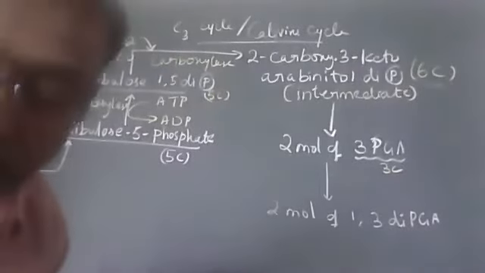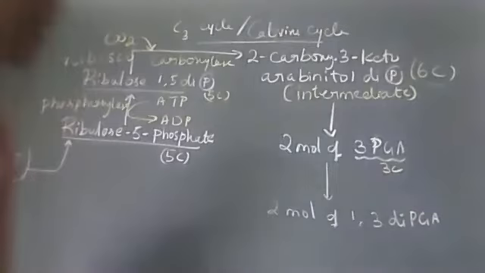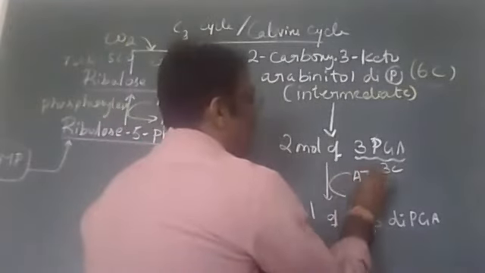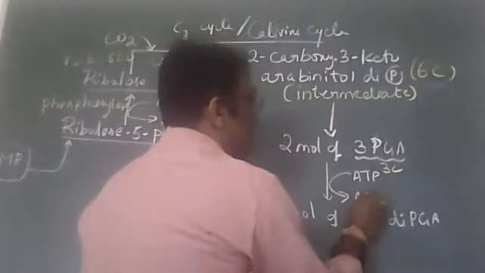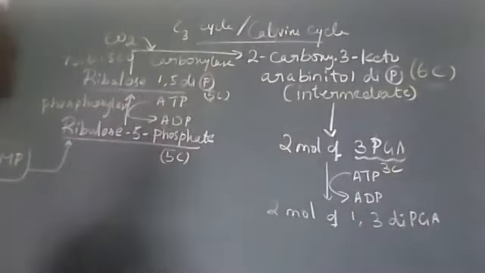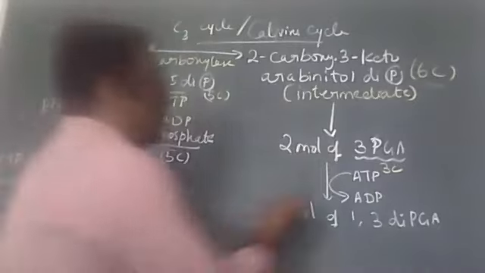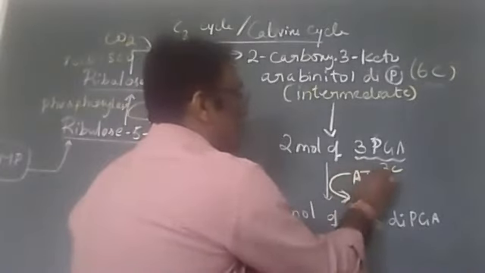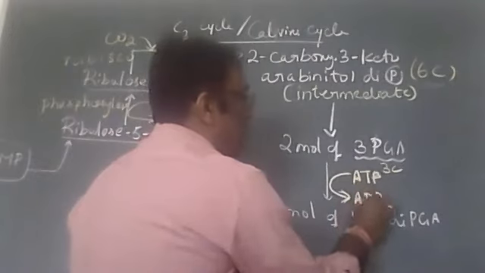Tell me. Phosphate. Good, very good. So we must add ATP here. ATP becomes ADP. Phosphate is added. I'll write it in yellow color so we remember.